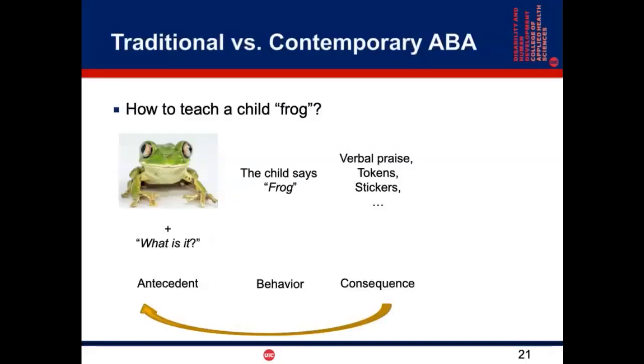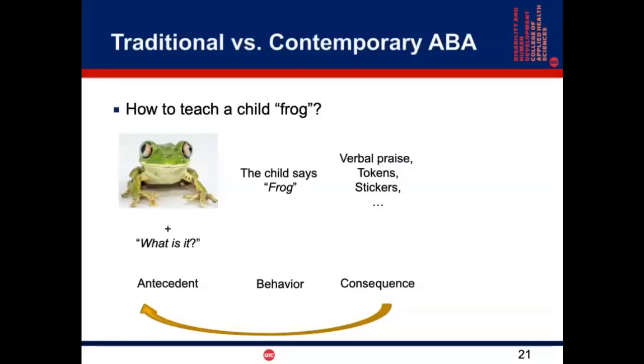So if we take this diagram here and look at what it explains, this process of teaching a new word or a new concept to somebody can take the form of what I've displayed here on the screen.